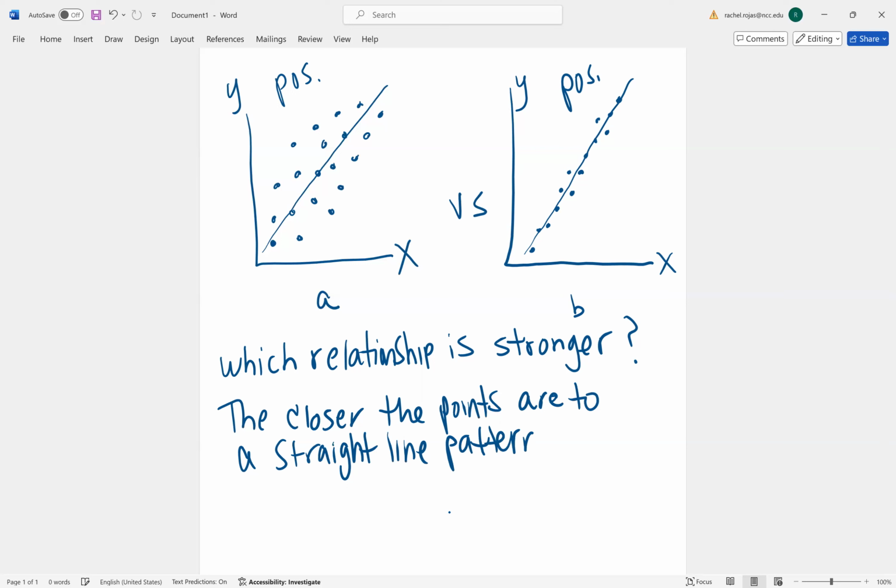So I'm writing that down. So the closer the points are to a straight line pattern, the stronger the correlation.